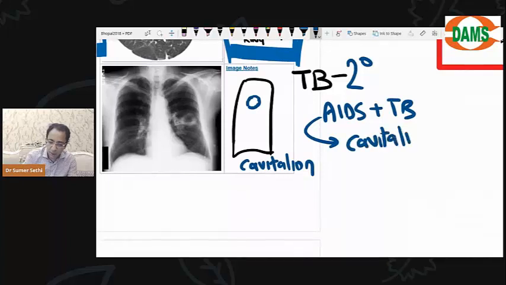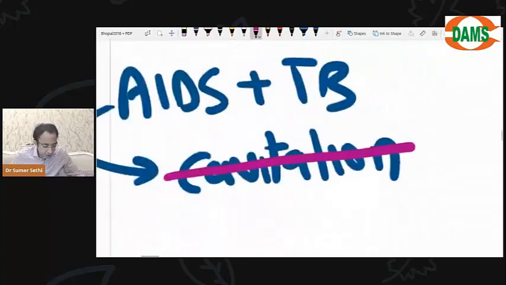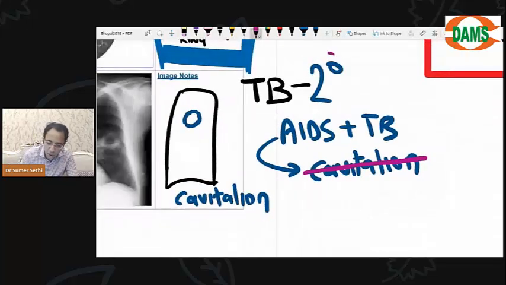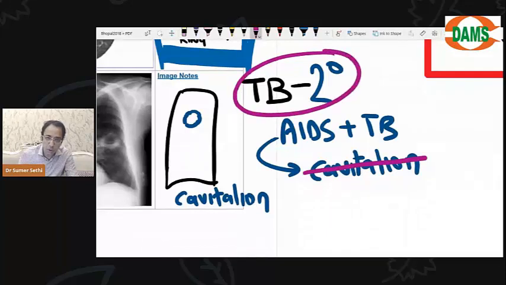Cavitation happens when there is inflammation all around, and for inflammation we need an immune response. So if in AIDS you develop tuberculosis, cavitation is unlikely. Cavitation is a classic feature of secondary TB because you need an immune response to demonstrate cavitation.